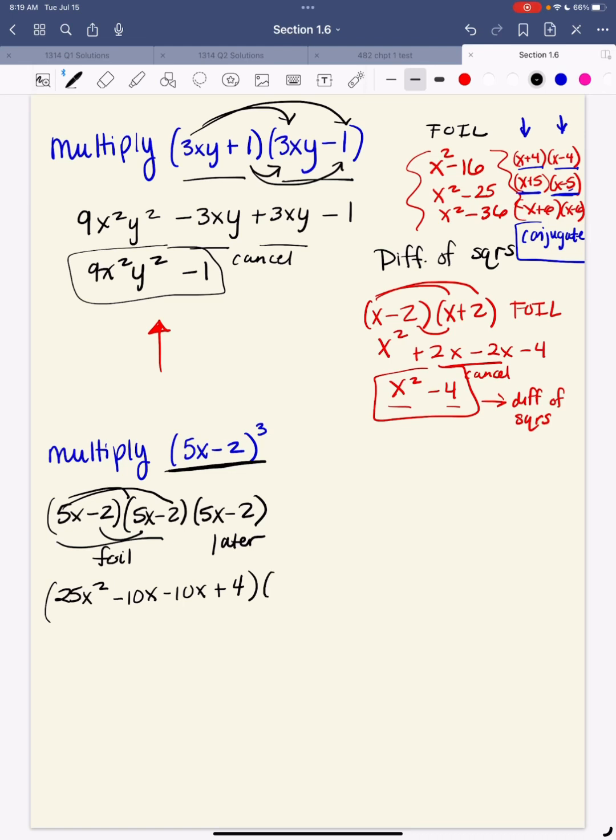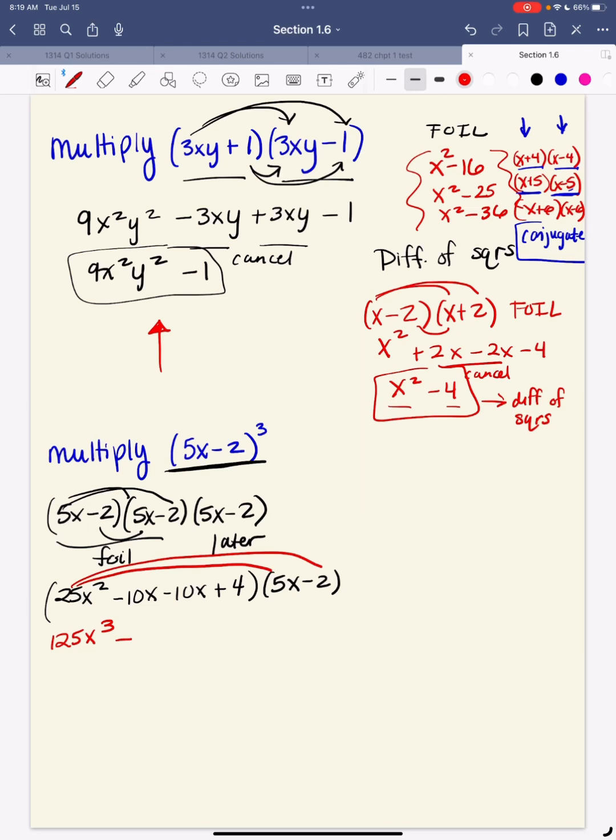Now I'll go ahead and multiply all of this times 5x minus 2. So we have to multiply first. Let's use some color. Let's multiply this here and here. That's going to give me 25 times 5 is 125, and I'll get x cubed from x squared times x.